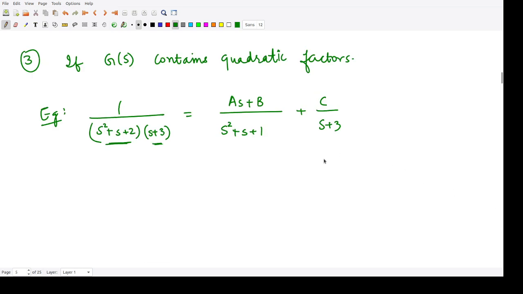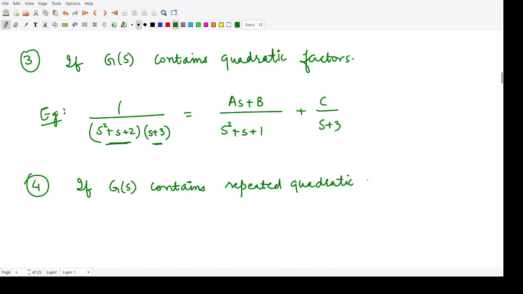Next we have the fourth case. In the fourth case, if the denominator g of s contains repeated quadratic factors, then for example you have 1 divided by s square plus 1 whole square and s plus 3.